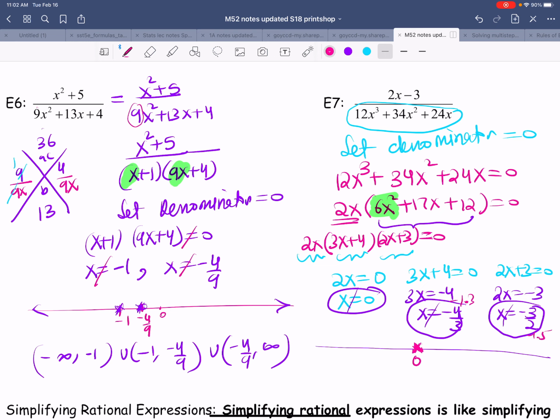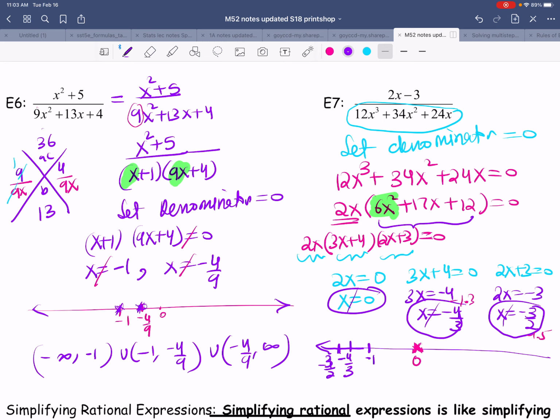All right, so let's go ahead and mark them. Just for my own reference, this is negative 1. Okay, number line here. This is negative 1. So this is where I would have negative 1, negative 3/2, and this is where I would have negative 4/3.